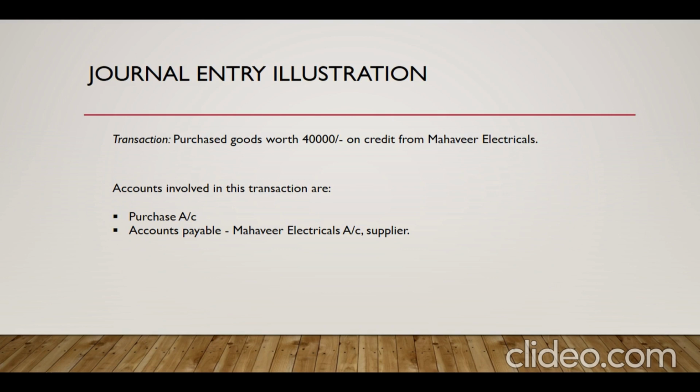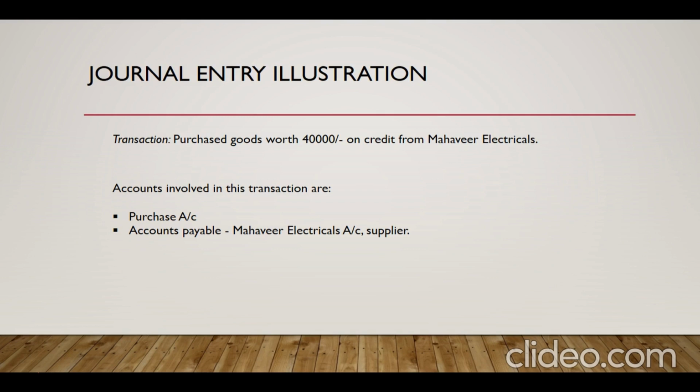It is a purchase entry from a dealer called Mahavir Electricals. The accounts involved in this transaction are the purchase account and the Mahavir Electricals account, which is an accounts payable type account. Since we are purchasing goods on credit, our liability to pay Mahavir Electricals has increased, and accounts payable accounts are categorized under liabilities.